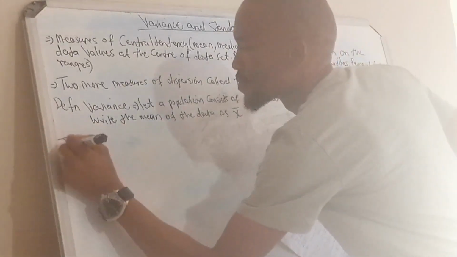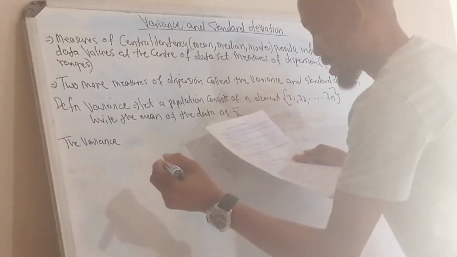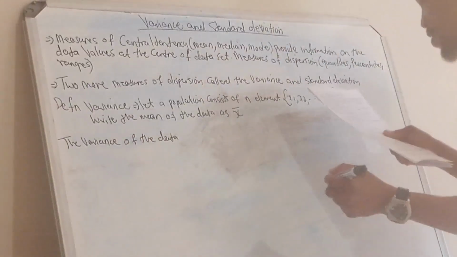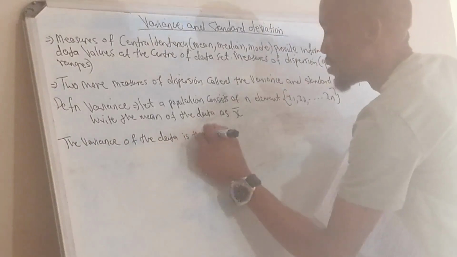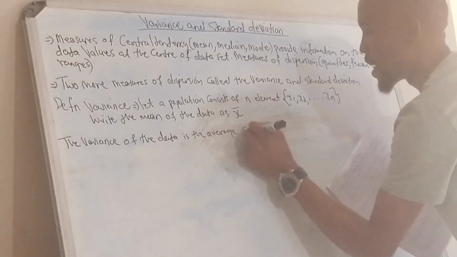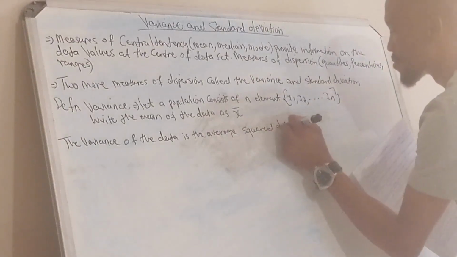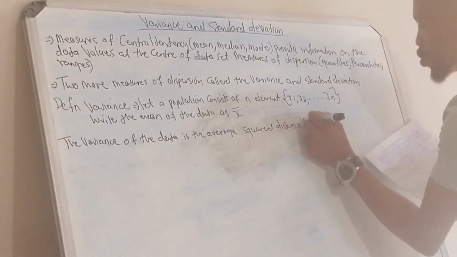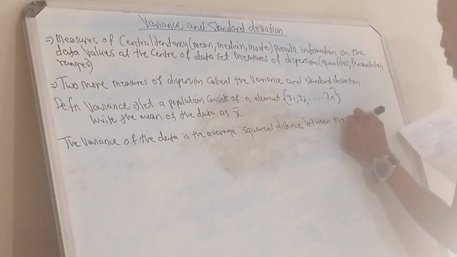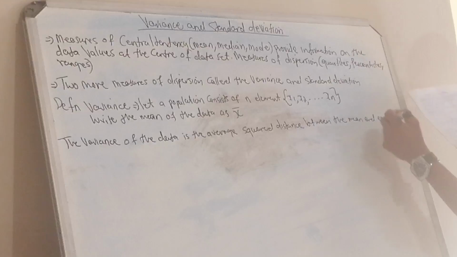Now the variance of the data. The variance of the data is the average squared distance between the mean and each data value.